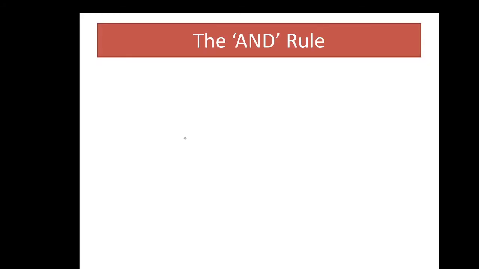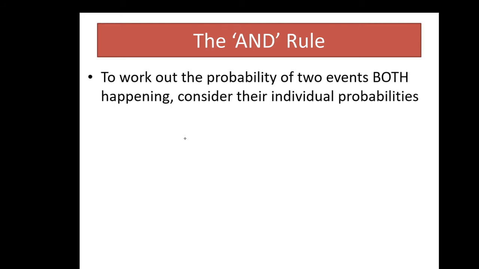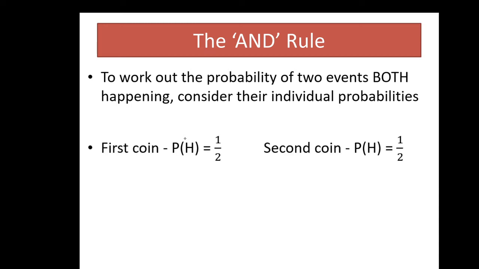So, straightforward, easy enough reminder from last lesson. We're moving on, and something that you might have talked about last year, and this is the AND rule with probability. It's to work out the probability of 2 events both happening, considering their individual probabilities. If we have a look, the first coin, the probability of getting a head was a half.